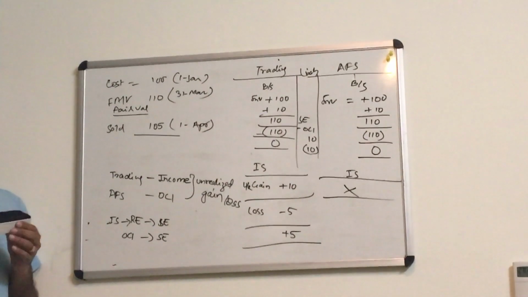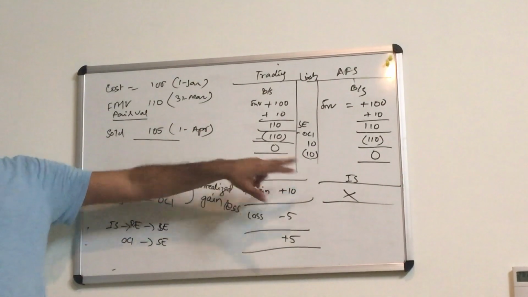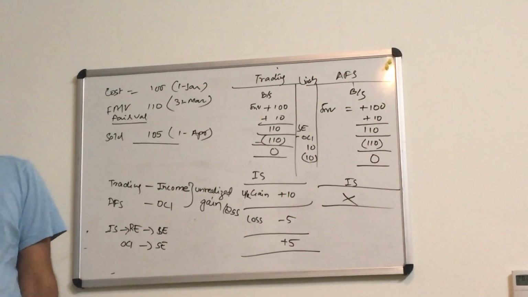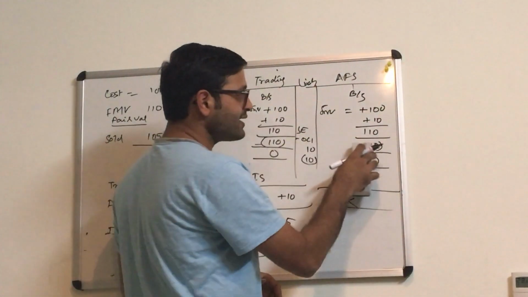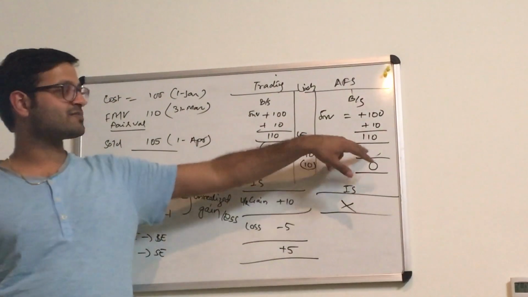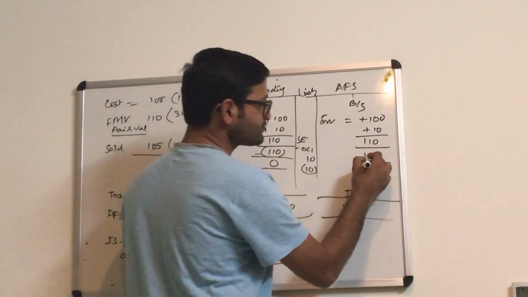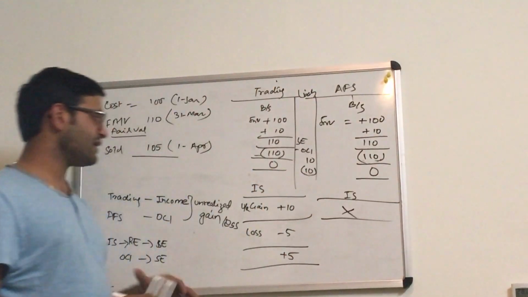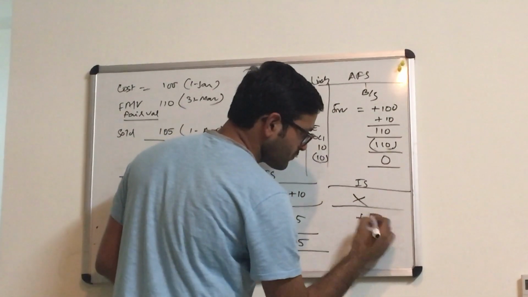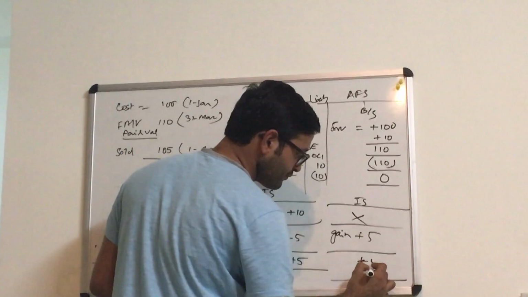So why do we actually remove that 10 from OCI? In AFS, you basically remove that unrealized effect. You bring it back to the cost. Think of it: before I did this 110, first I do a reversal of this 10. So how much is my cost now? 100, back to 100, right? So how much is my gain? 5. What is the net impact? Plus 5.